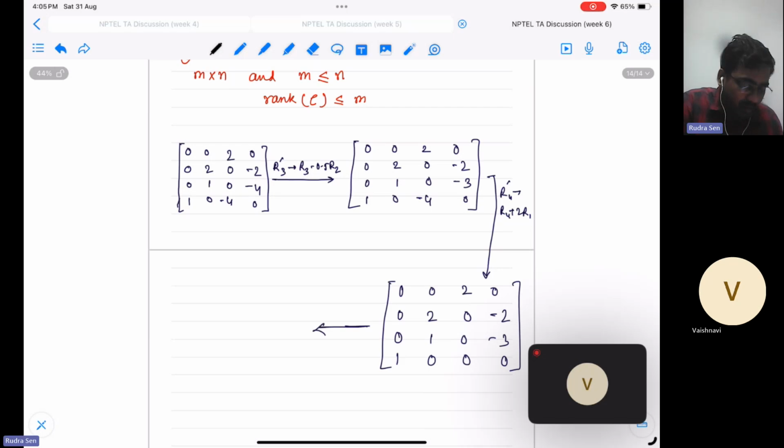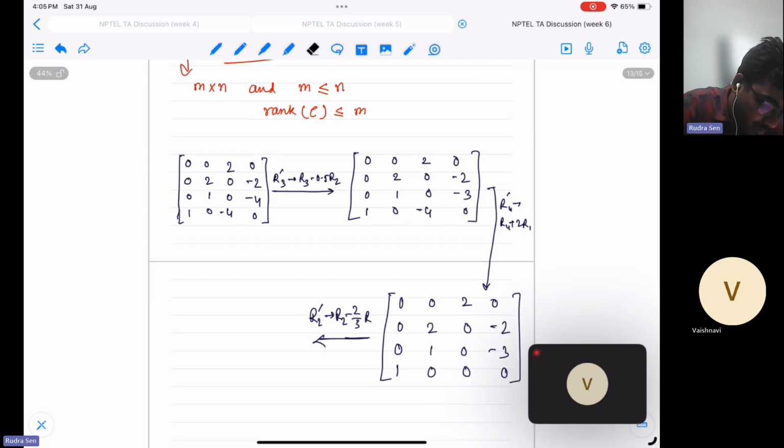The next change is R2, which is basically R2 minus 2/3 R3. Oh, sorry, this should be 0.